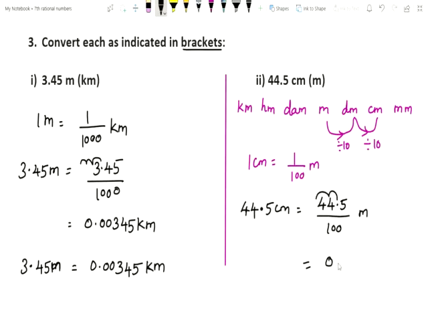So 0.445 meter. So what is the answer? 44.5 centimeter equal to 0.445 meter. You understand, children? See the next one.